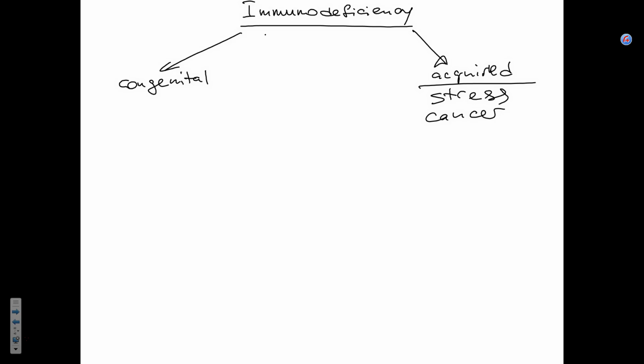Why is your immunity lower in leukemia? Because they're wrong. They're not correct white blood cells. Does that make sense? Okay, stress, cancer. I was expecting it first. HIV, AIDS.